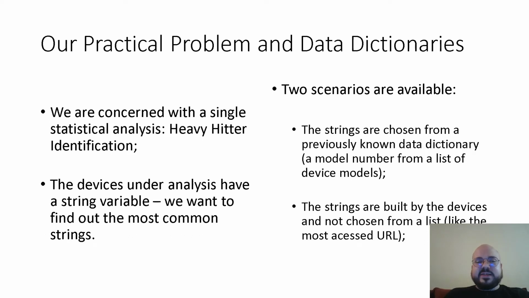Sometimes, like in a variable containing the most visited URL from a device, the string can be anything. There's no data dictionary available to match the strings to. These are two very different scenarios from the point of view of differential privacy. Their algorithms need lots of adjustments to work in each scenario.